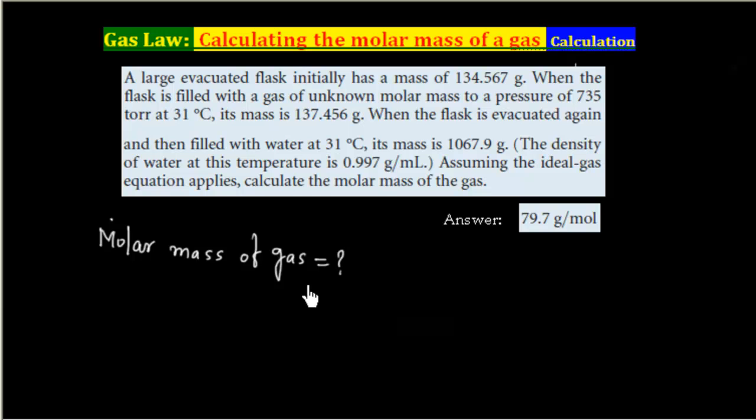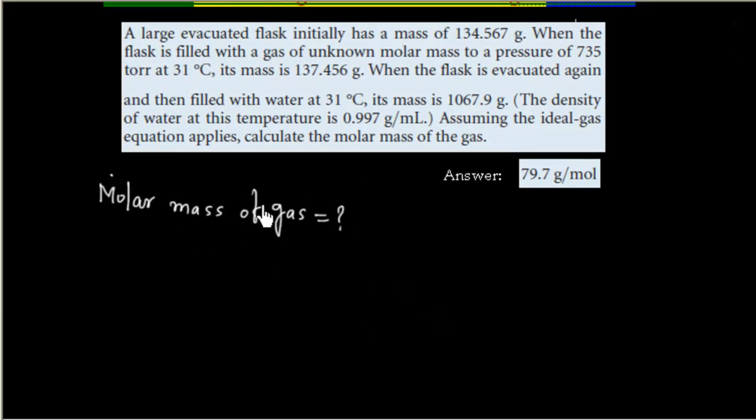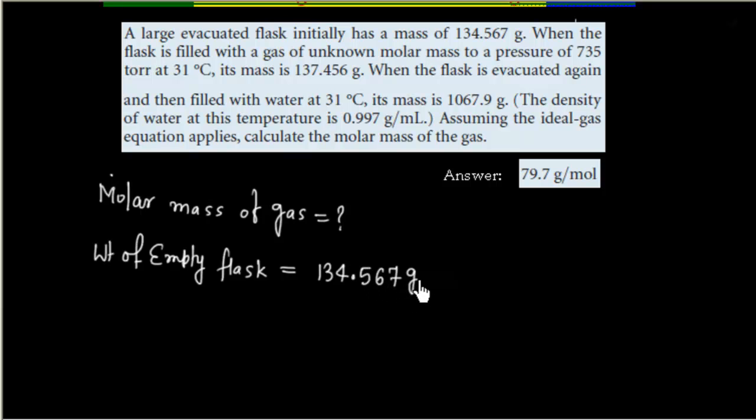We have been given that when the flask is empty, the weight is 134.567 gram. So the weight of the empty flask is 134.567 gram.